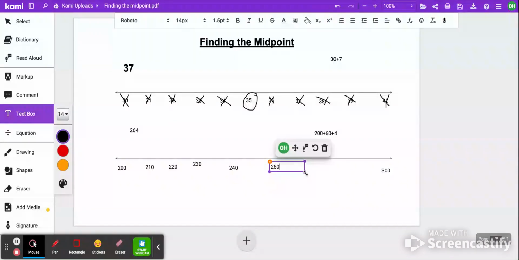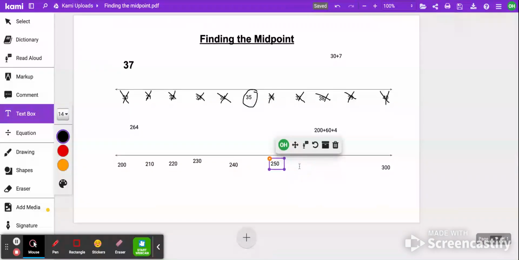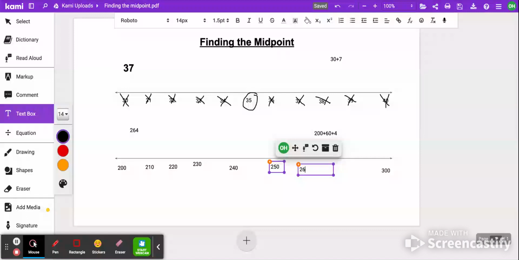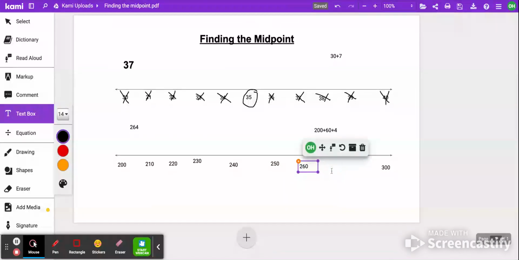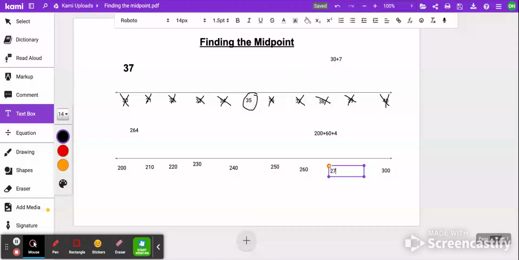Make this a little bit smaller. And then we'll spread them out a little bit better after we finish. And then this next one would be 260. 270. And let's go ahead and move this over just a little bit so we can fit our other ones in here.